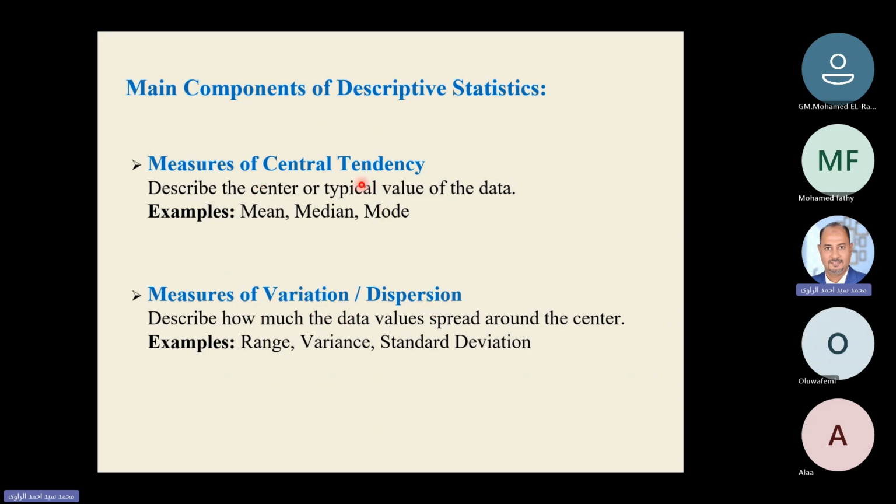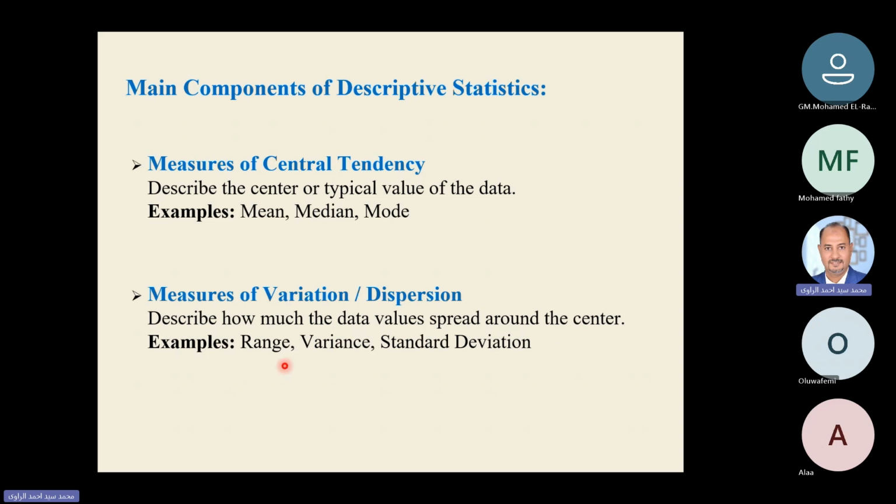Measures of central tendency describe the center or typical value of the data. It gives us information about the center of the data or typical value, as mean, median, mode parameters. Measures of variation or dispersion describe how much the data values spread around the center.